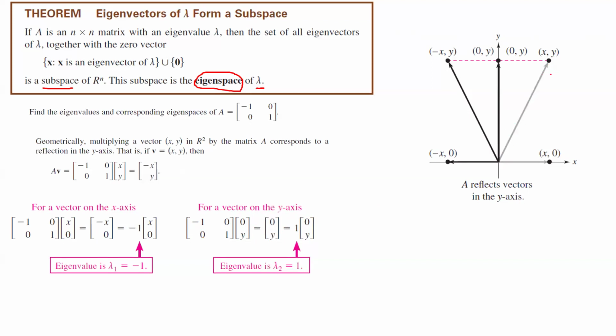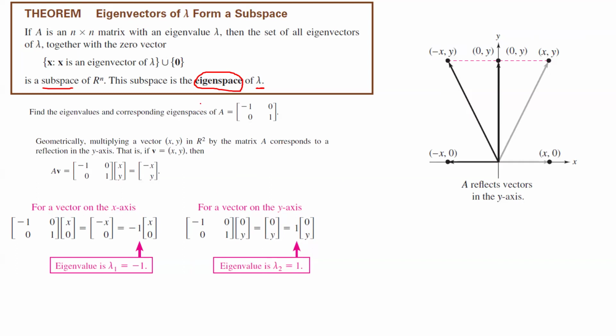The reflection of x and y on the x-axis is x and 0. The reflection of x and y on the y-axis is 0 and y. That's how you could divide this up into two vectors, x and 0, and 0 and y. It makes it much easier to find the eigenvalue for each vector in the plane.